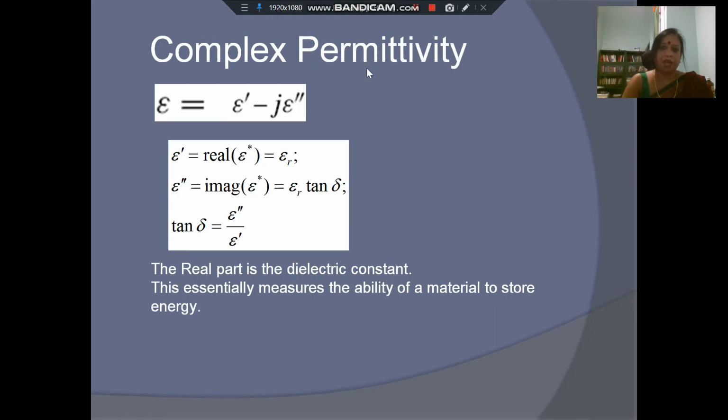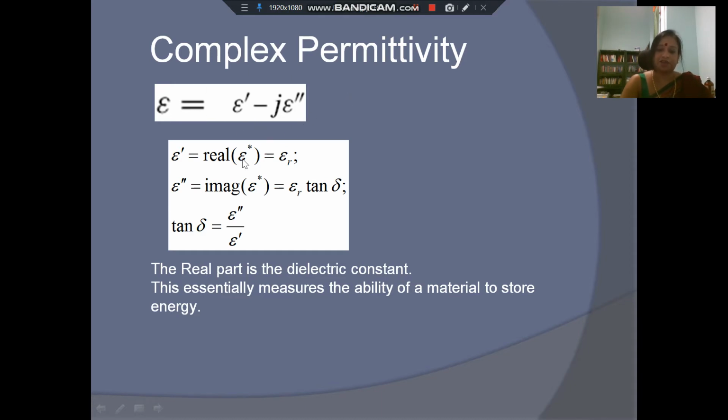Now, the reason I say that we are not going to consider epsilon R as the permittivity as we often do, but we are separately going to call it the dielectric constant, is because permittivity is actually a complex quantity. It has a real part, it has an imaginary part. So your complex permittivity of a system is given by epsilon equal to epsilon dashed minus j epsilon double dashed.